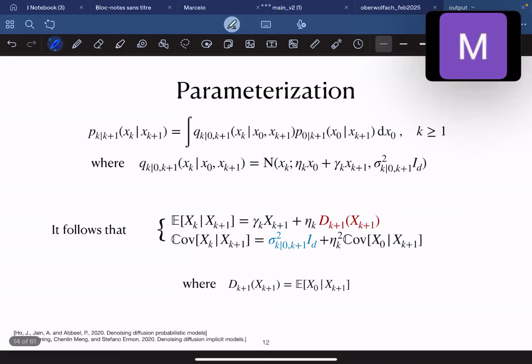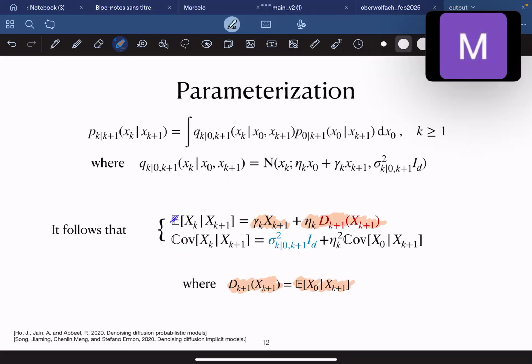You know that, in fact, the conditional expectation can be written simply as a linear combination of xk plus 1 and eta k plus 1 dk plus 1 of xk plus 1, where dk plus 1 is what is called a denoiser, meaning the conditional expectation of x0 given xk plus 1.